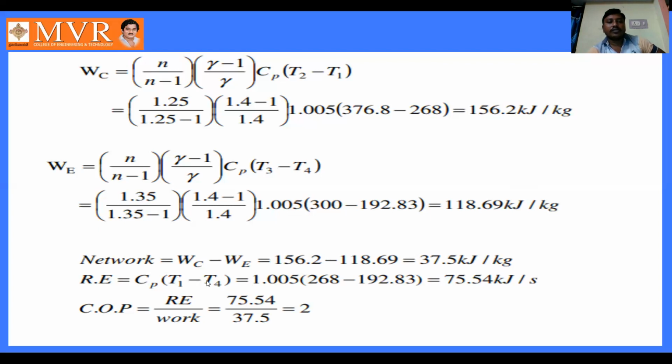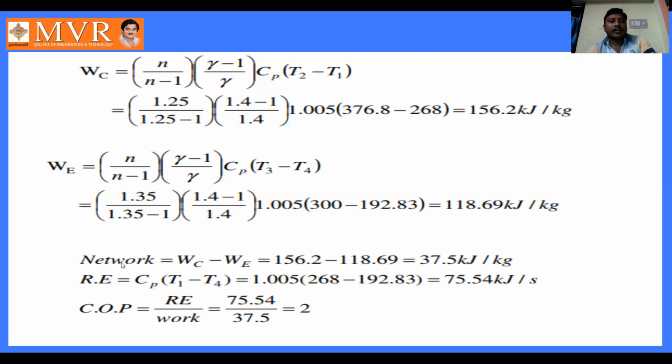We know that T1 is equal to 268, so we have substituted 268 here. For T4 we have the value 192.83. Hence, we have got the refrigeration effect as 75.54 kilojoule per kg.